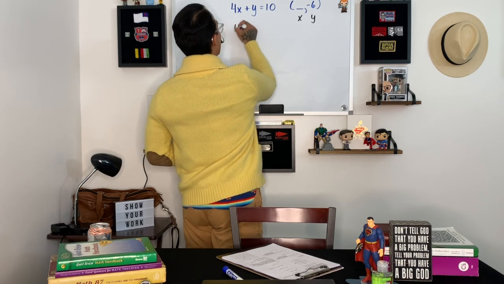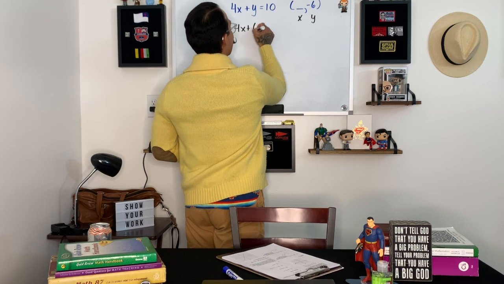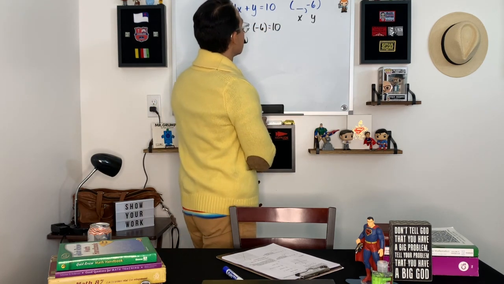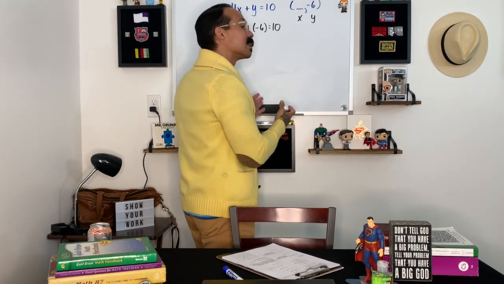So I've got 4x. Where I see that y, I'm going to write down -6, and that's equal to 10. I can, remember, use inverse operations to isolate that variable.